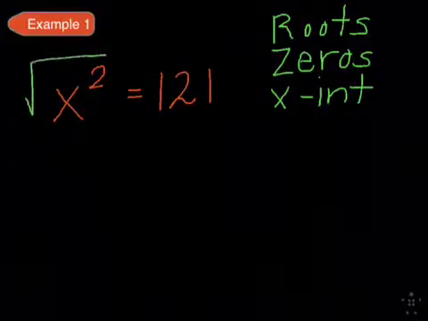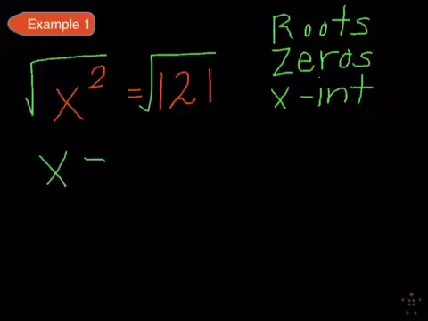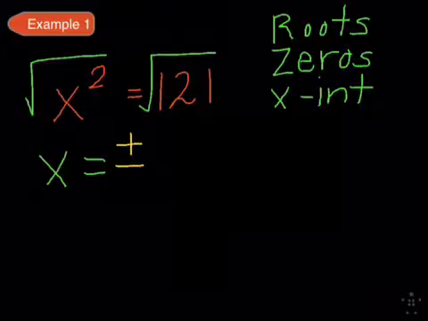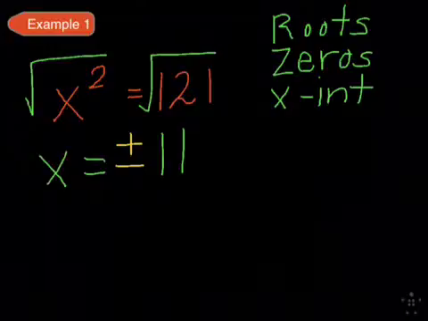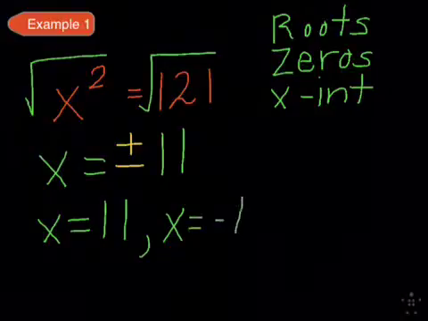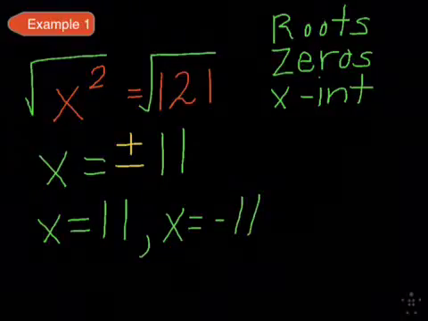So take the square root of both sides. X is equal to, remember this sign is important when you're doing any of these, positive and negative 11. So it's 2 answers for this problem. So x equals positive 11 and x equals negative 11. These are both solutions to this quadratic equation.